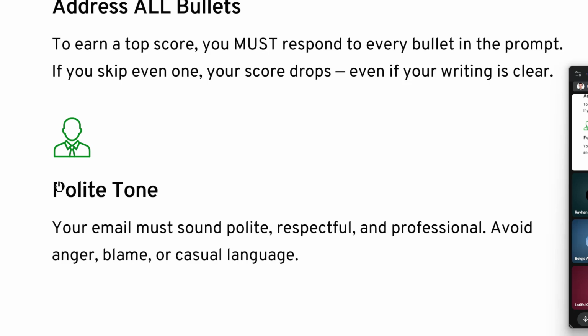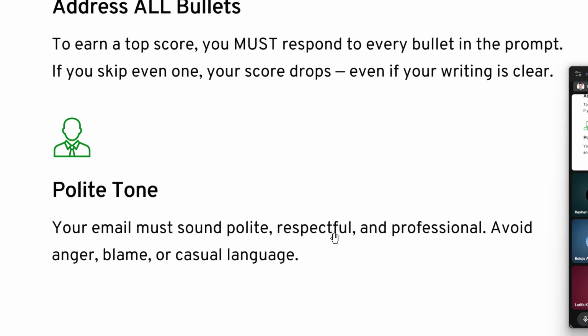So here the same thing happens. When we write the email, it should sound polite, respectful, and professional. If you go ahead with an angry tone, or blame someone for doing something wrong, or use the informal language we use in daily communication, in an email it is completely not allowed.